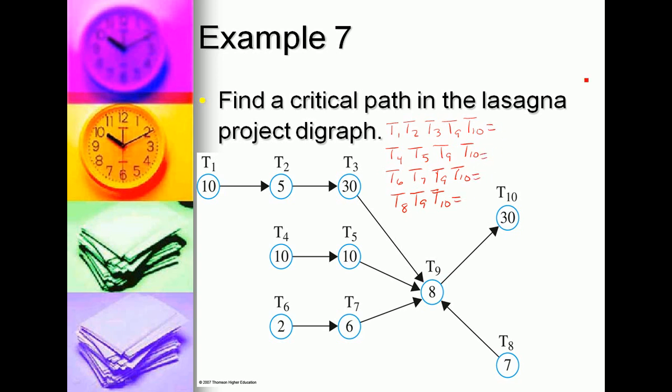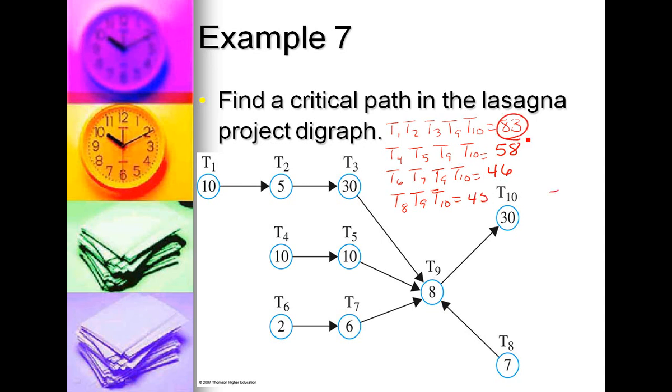So we need to find out what the sum of those are. Find out what their weights are. So the first one, 10 plus 5 plus 30 plus 8 plus 30 is 83. 10 plus 10 plus 8 plus 30 is 58. 2 plus 6 plus 8 plus 30 is 46. And 7 plus 8 plus 30 is 45.